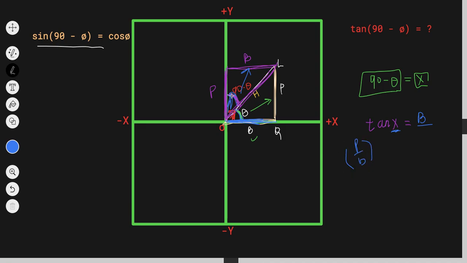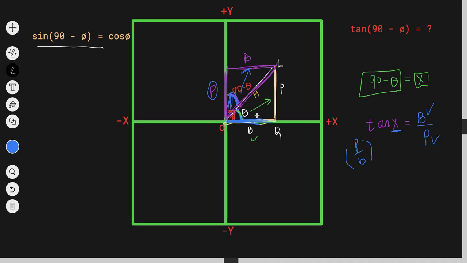And for this angle, when I was looking, we had tan of x as perpendicular upon whatever is the current base. Don't get confused there. For this angle, b is the perpendicular and p is the base.